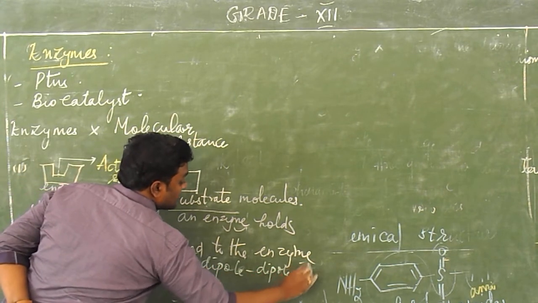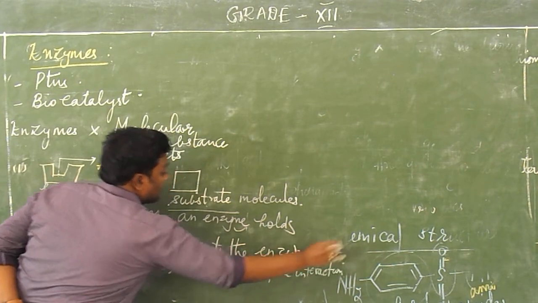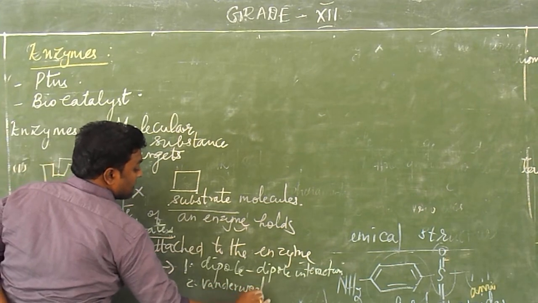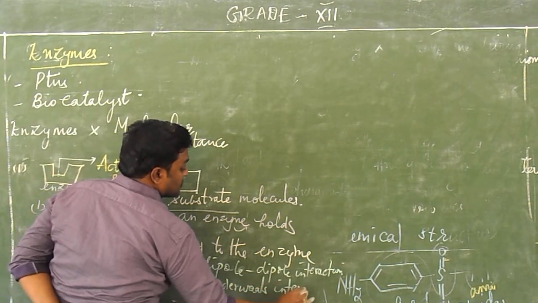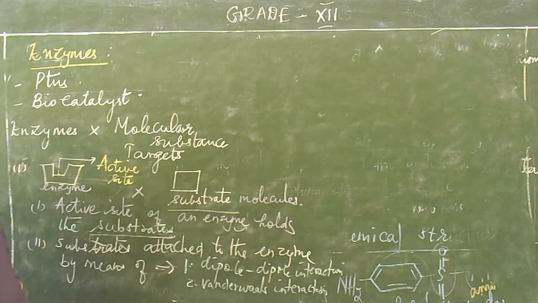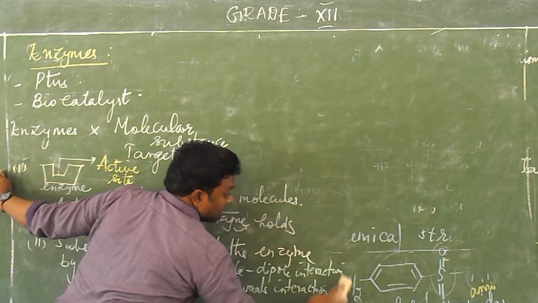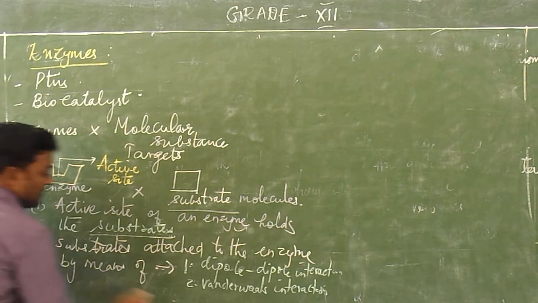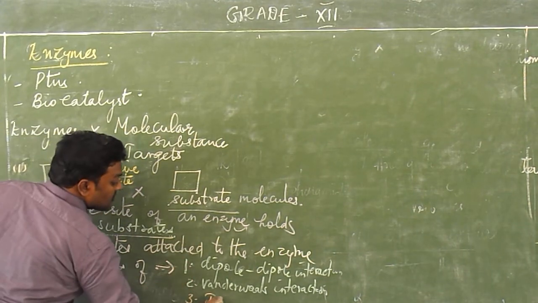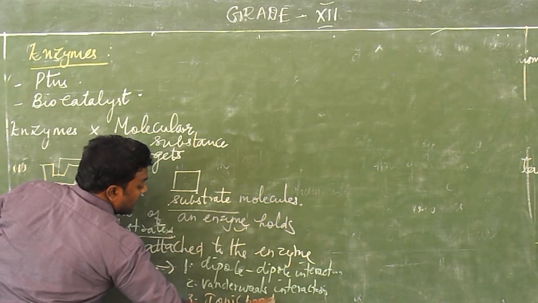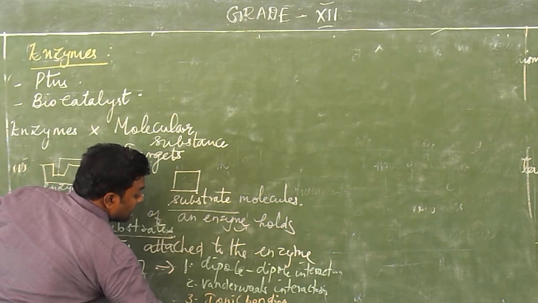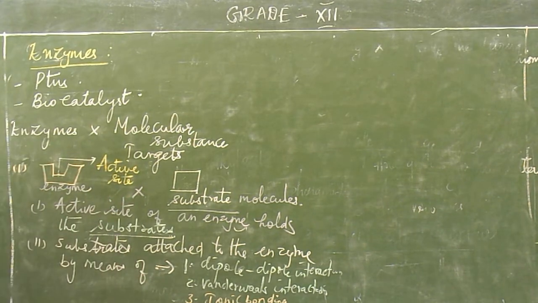Second is van der Waals interaction. Third is ionic bonding. Fourth is hydrogen bonding. The substrates are firmly attached to the enzymes.